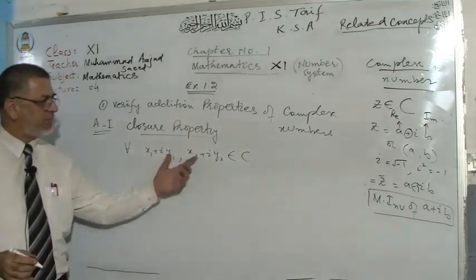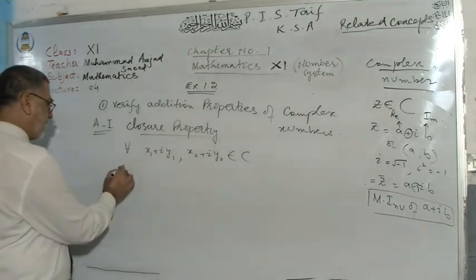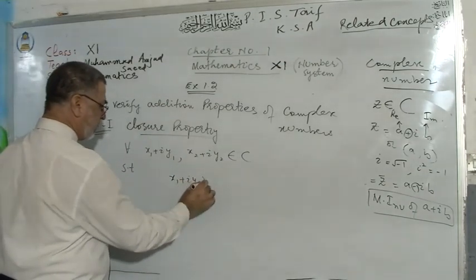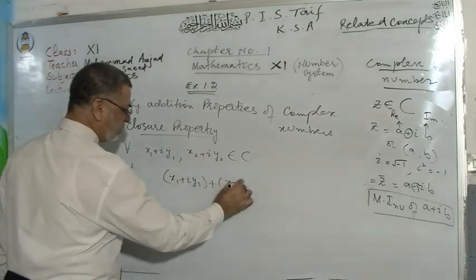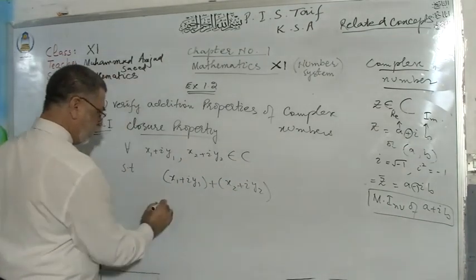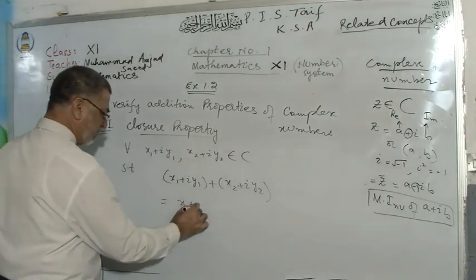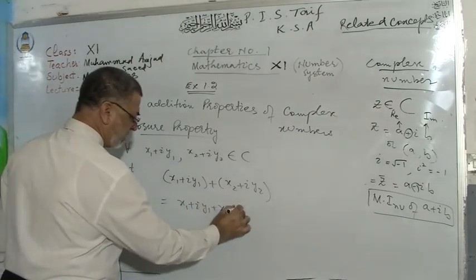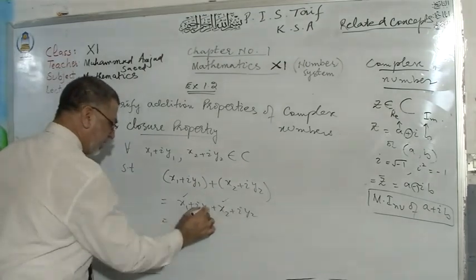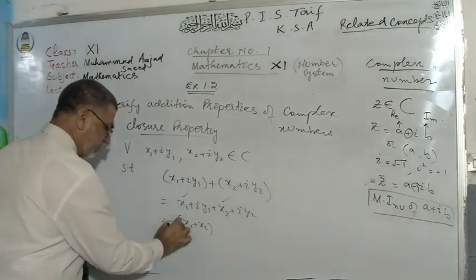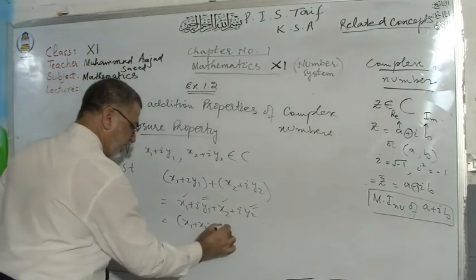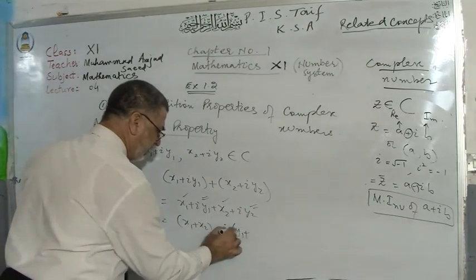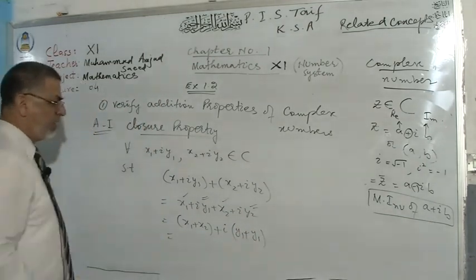These are 2 complex numbers in the set of complex numbers, such that we have to add them: x1 plus iota y1 plus x2 plus iota y2 is equal to real with real, x1 plus x2, plus imaginary, taking iota common from the 2 imaginary parts, iota into y1 plus y2.